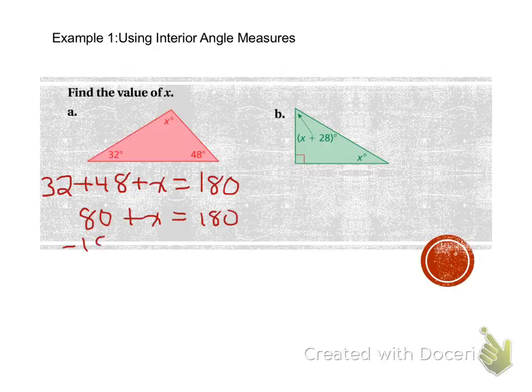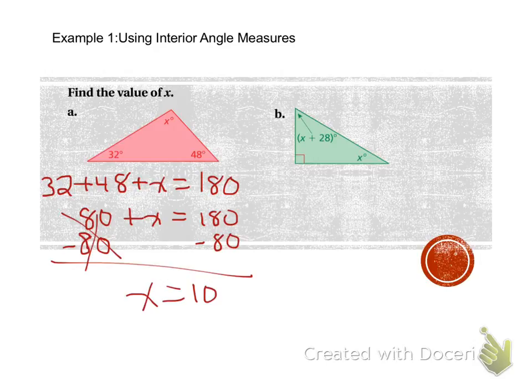So we're going to subtract the 80 from both sides. And you're going to get x equal to 100. So the angle right here is going to be 100 degrees.